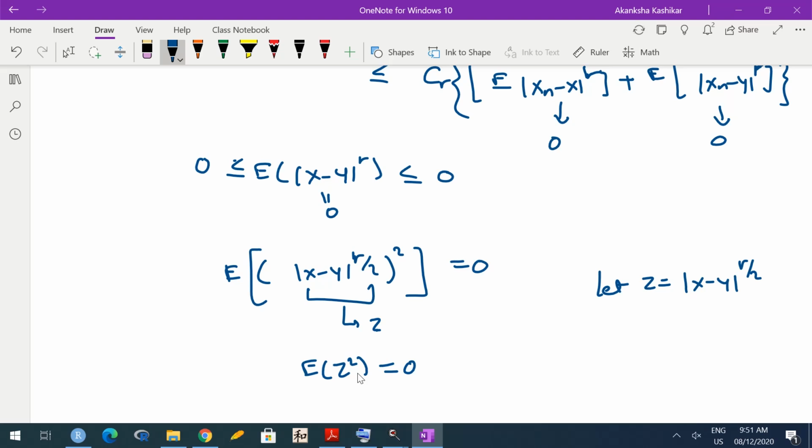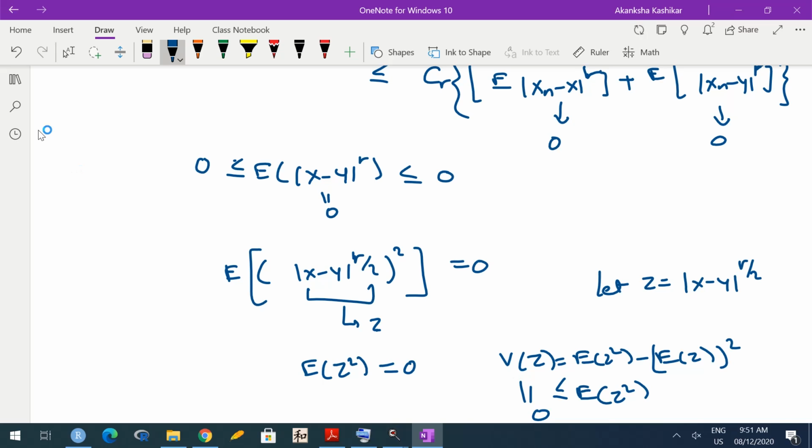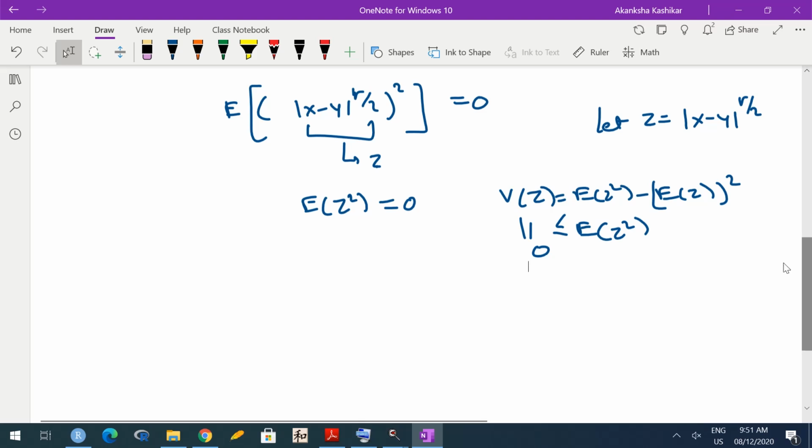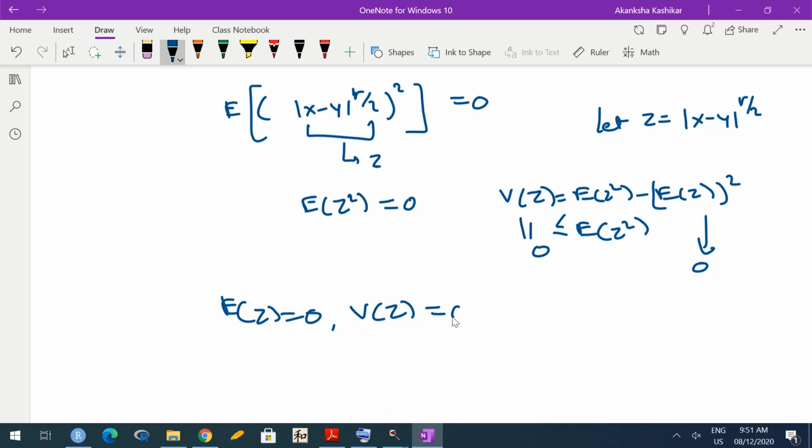Now, variance of Z is E[Z^2] minus (E[Z])^2. So variance of Z is always less than or equal to E[Z^2]. Hence variance must also be 0, because variance cannot be negative and expectation of Z squared is 0. And if variance is 0 and expectation of Z squared is 0, then the third term will also be 0. So what I have is expectation of Z is 0 and variance of Z is 0.